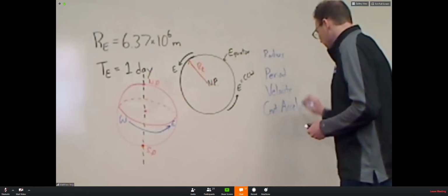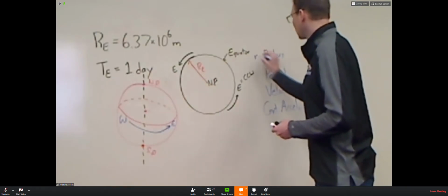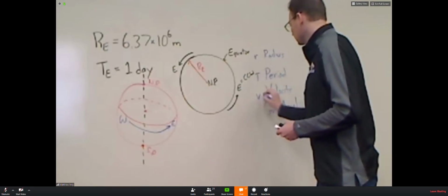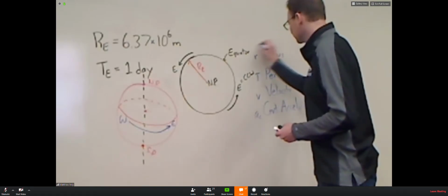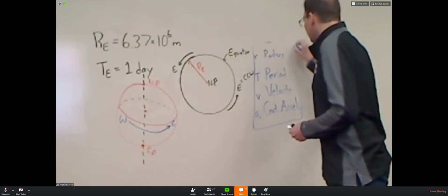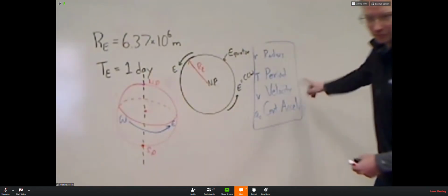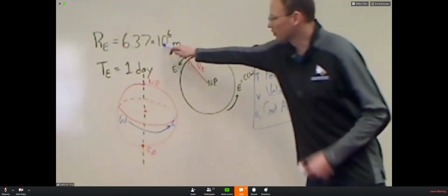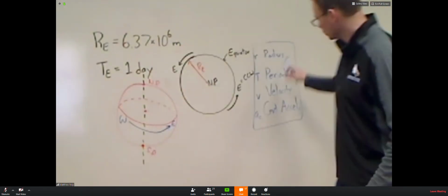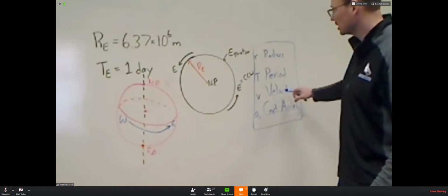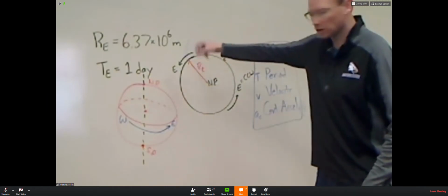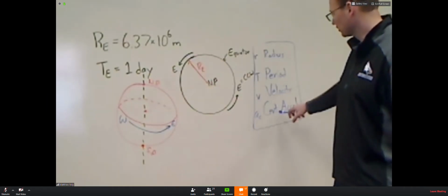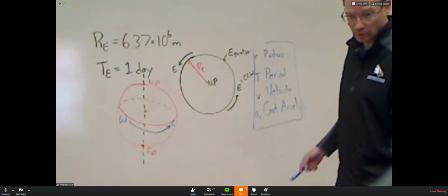I'll say that's R, T, V, A_c. If you know two of these four, you can quickly calculate the other two. We know two of them for the equator, so we should be able to come up with the velocity of the equator and the centripetal acceleration of the equator.